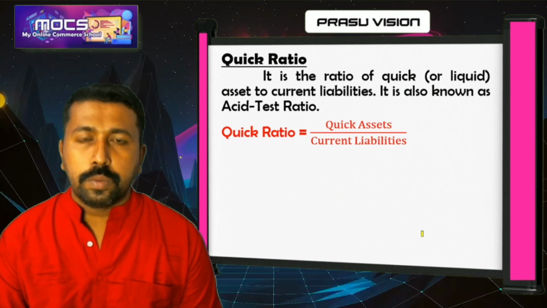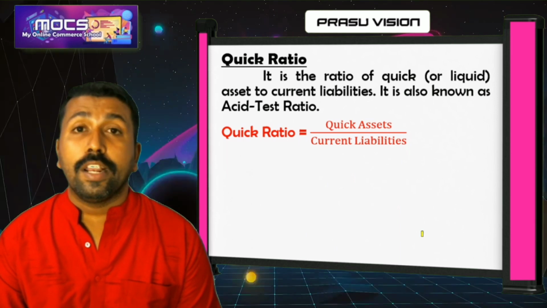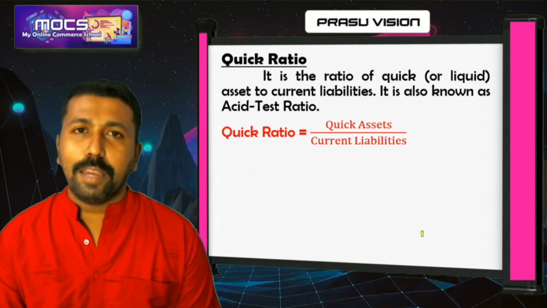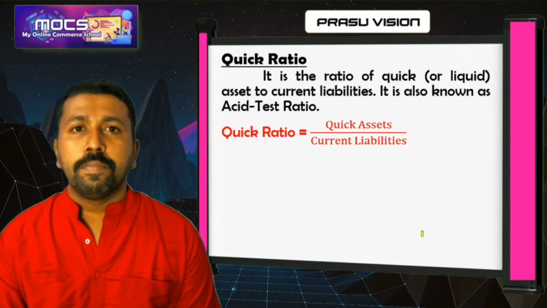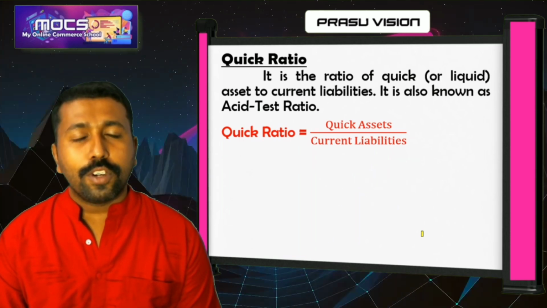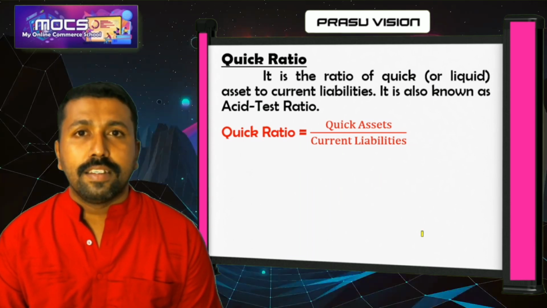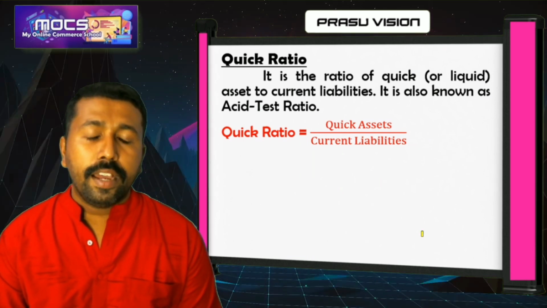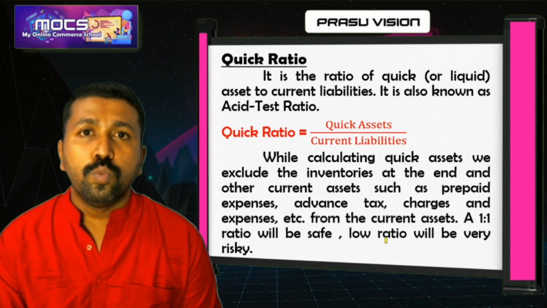So quick ratio shows the relationship between quick asset or liquid asset and current liability. We are using the equation quick ratio is equal to quick asset divided by current liability. And an ideal quick ratio is always 1:1.